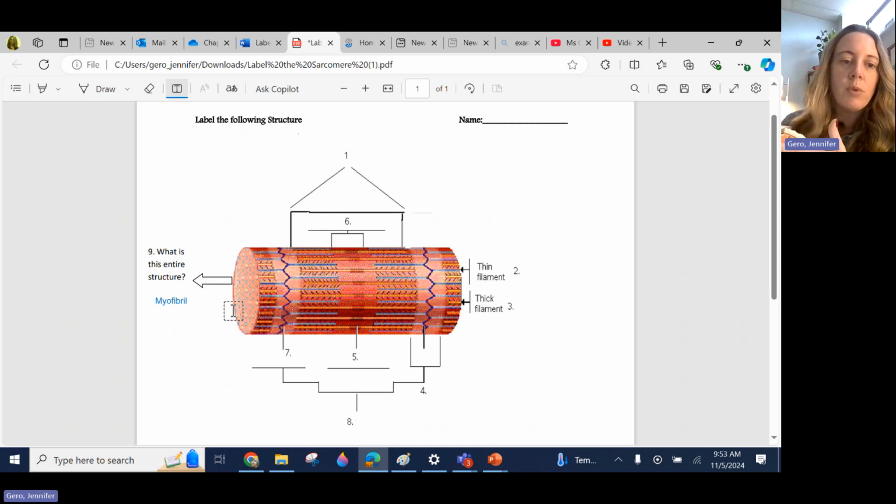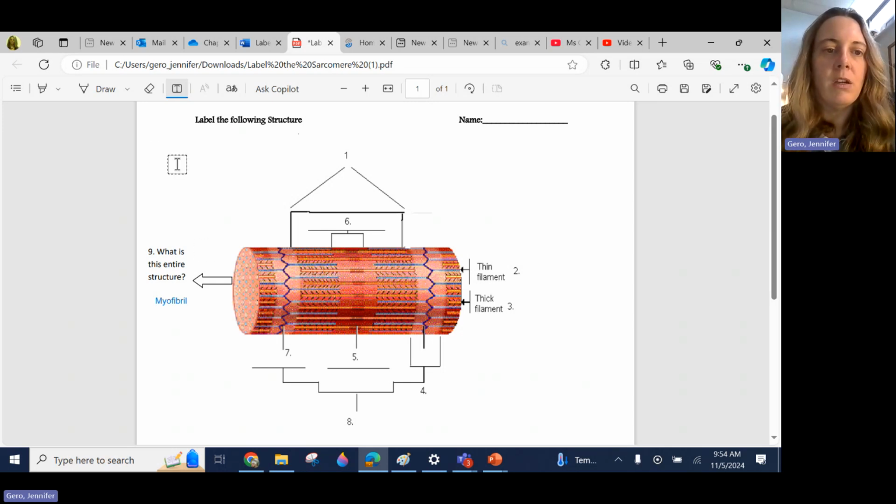Okay. Myofibrils are made up of smaller protein filaments that are called myofilaments. We have two different myofilaments that are arranged in a specific way to make a structure called a sarcomere. The sarcomere is the structural and functional unit of skeletal muscle. So I'm just going to write that on here.